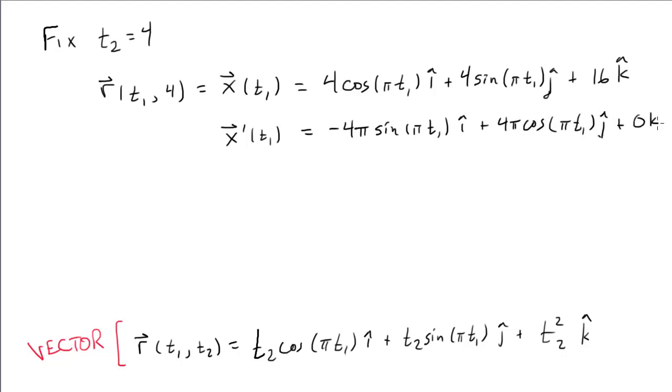The notation is the partial derivative notation, taking a T1 derivative. There's no reason to put in 4, I can just in my head think of T2 as 4.